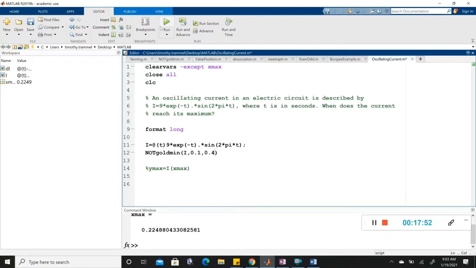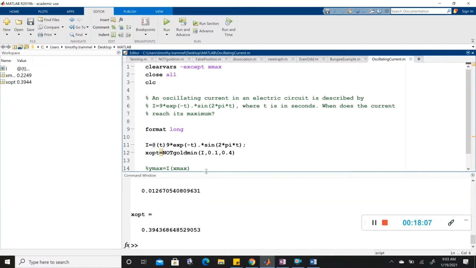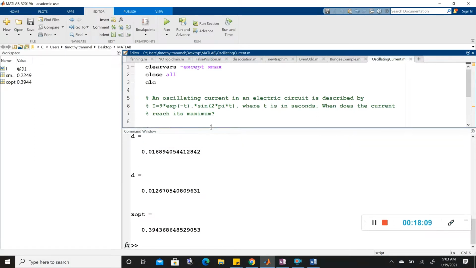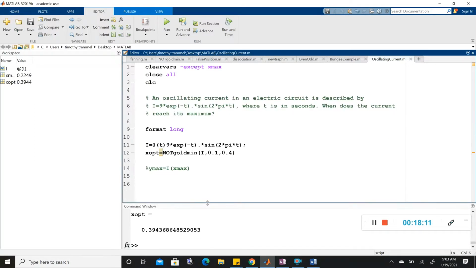Okay, we're going to go ahead and hit run. And maybe let's see what our output was supposed to be. It's supposed to be x opt. I'll just write that in here. X opt. Okay. And so you can see here that our x opt is actually pretty far off from the 0.22.